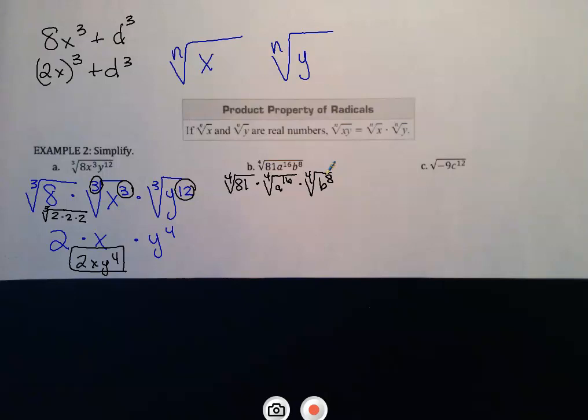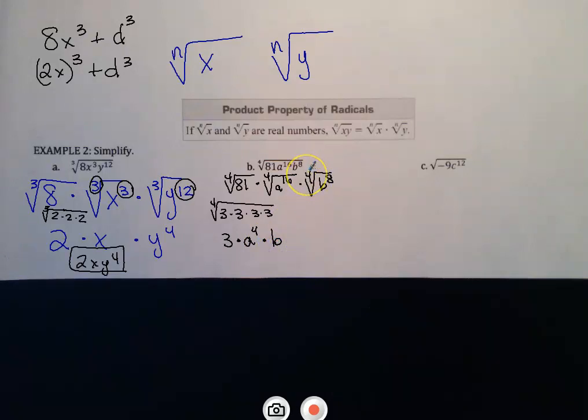So that's only the square root. 3, because 3 times 3 times 3 times 3. So there's 4 of them, so we can take that 3 out. Okay, let's do that shortcut. We're going to take the exponent and divide it by the index. 16 divided by 4 is 4. And then 8 divided by 4 is?